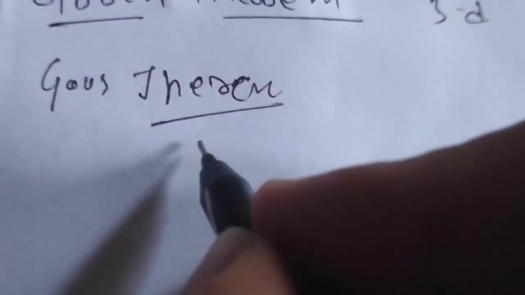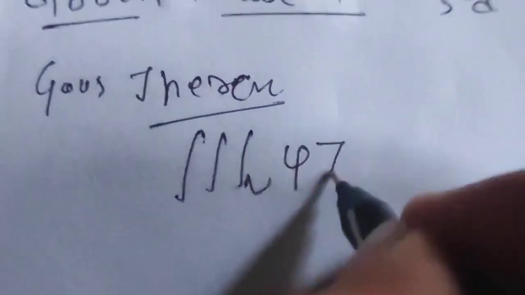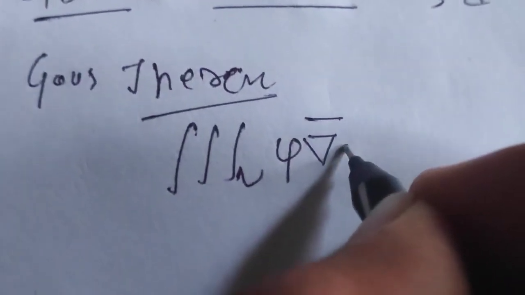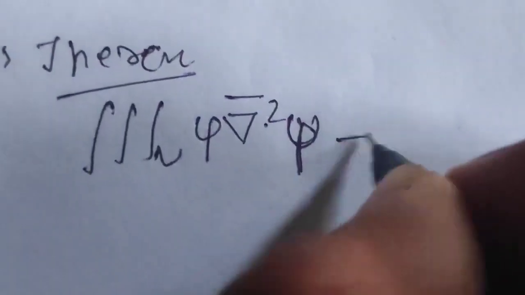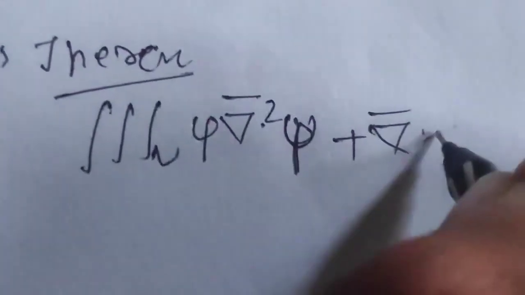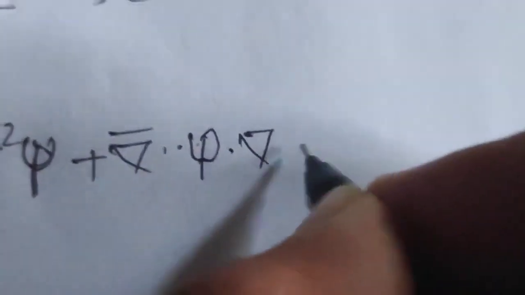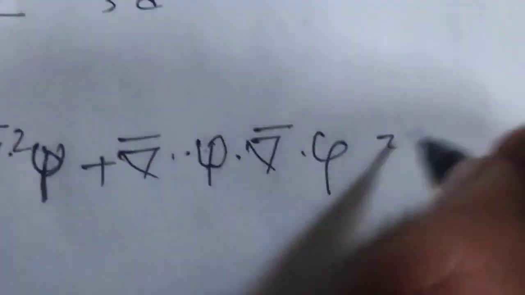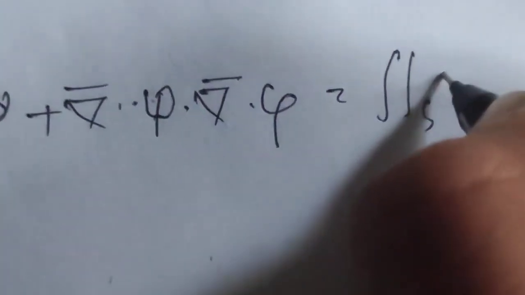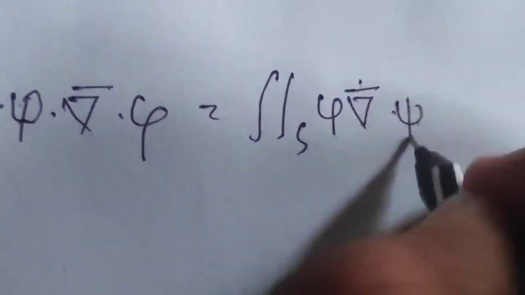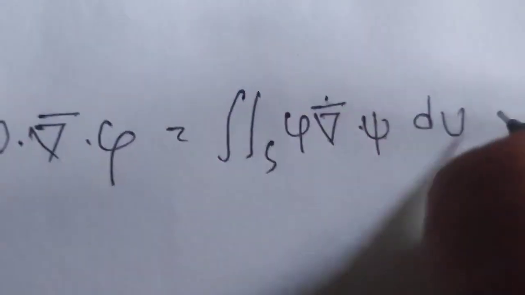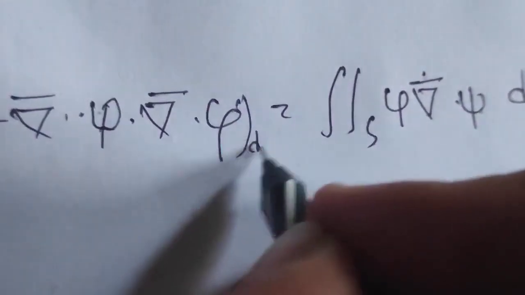It says how we can convert the volume integral of phi Laplacian psi plus gradient phi dot gradient psi, which is equal to the surface integration of phi gradient psi dot ds, or here it is dv.